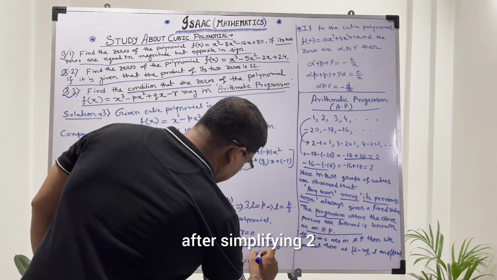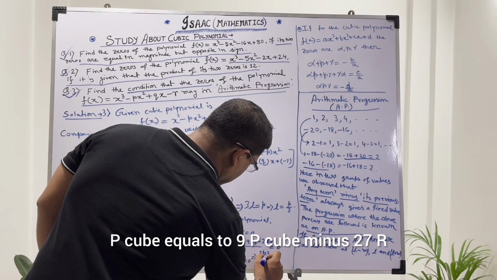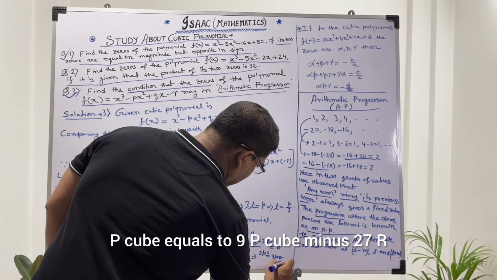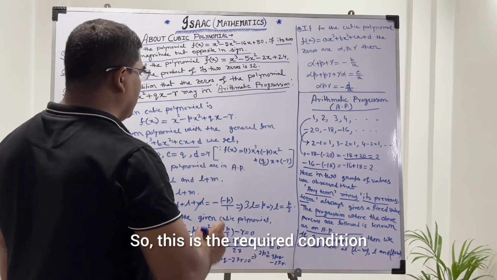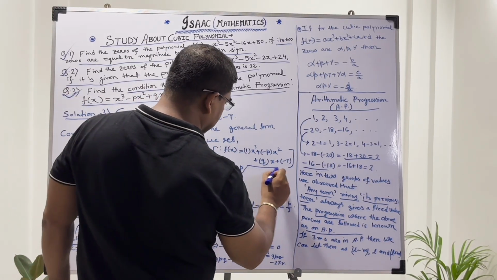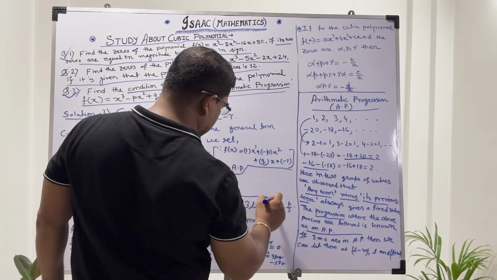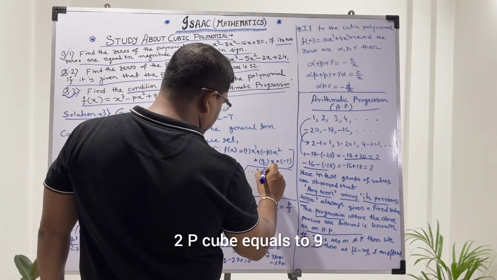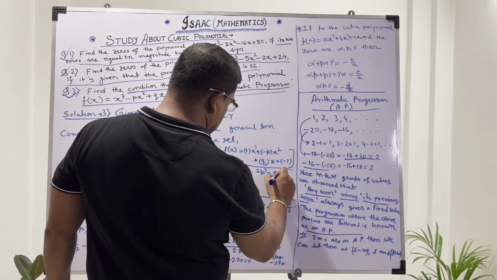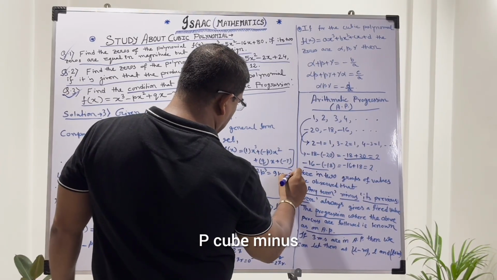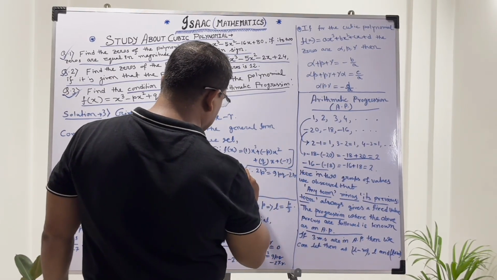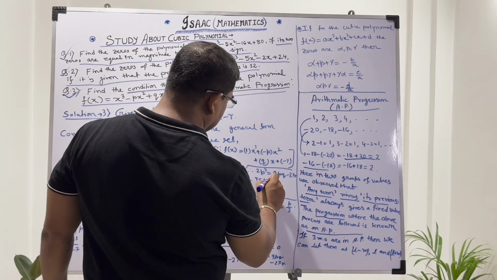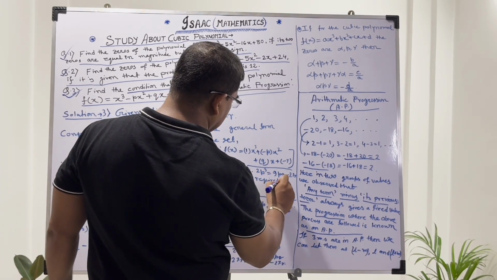After simplifying, 2p cube equals 9pq minus 27r. So this is the required condition.